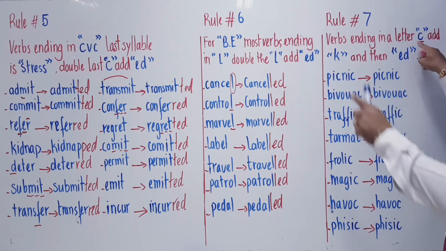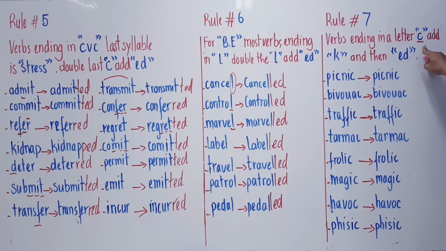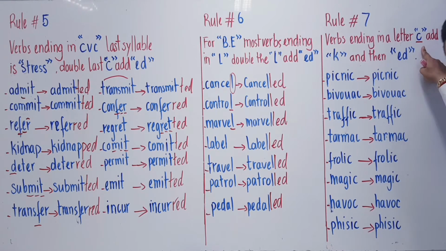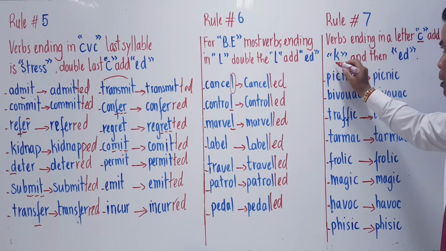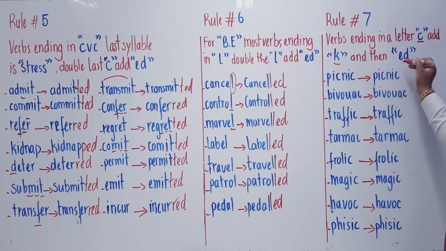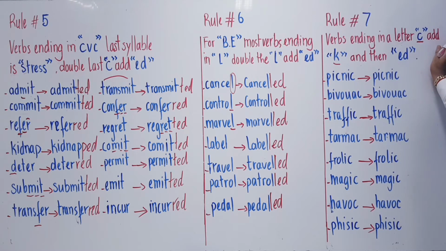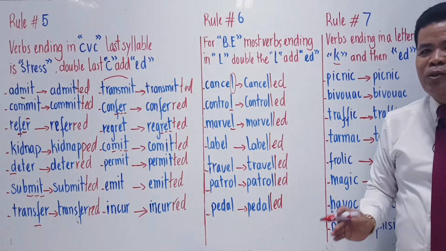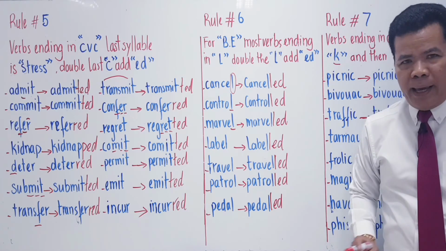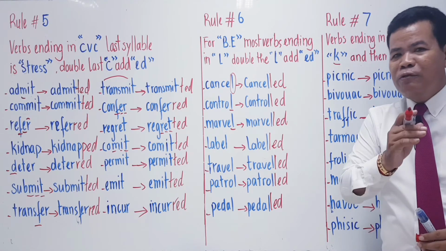This is different. I say letter C. Before adding ed to the verb, we have to add one more K, and then ed. You don't need to ask me why we do it like that. You have to follow the rule.